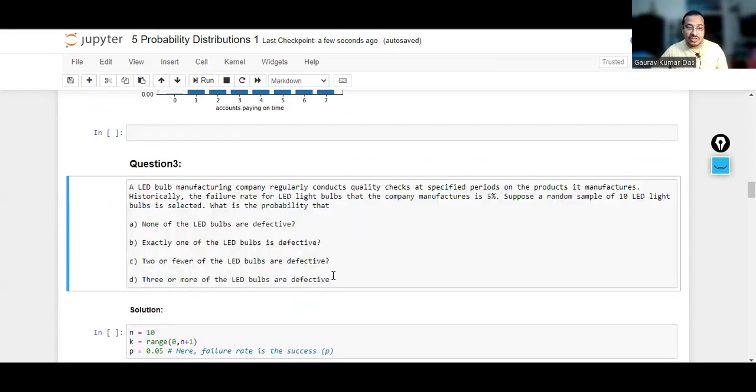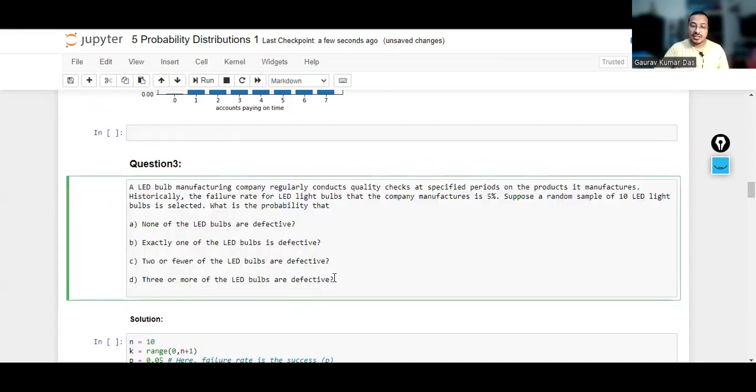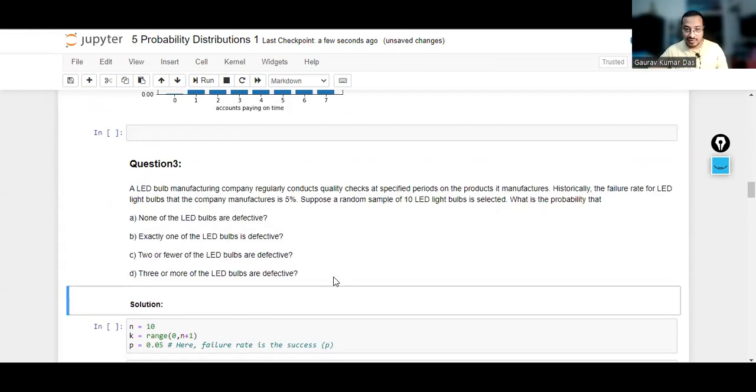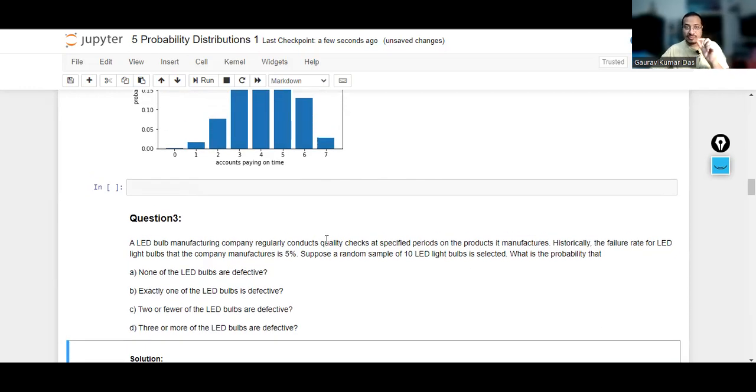All of these questions are asked on the probability of a bulb being defective, and the failure rate also indicates defectiveness. It's given as 5%. So here my p, the probability of success, is actually 5%, because that is what is being asked. If the question had asked about non-defective bulbs, then my p value would be 95%.